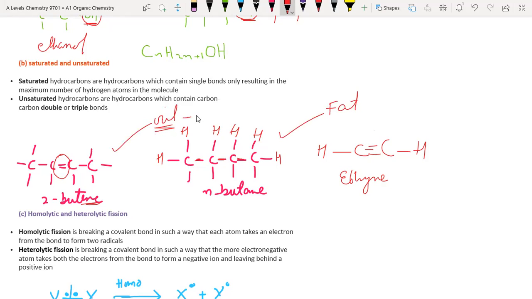Oils at room temperature are liquid and fats are solid at room temperature.